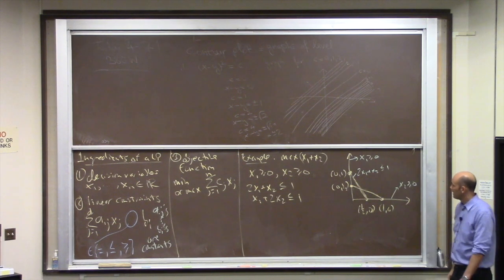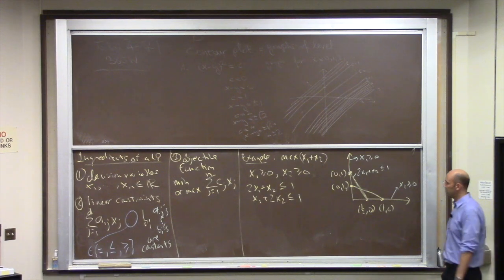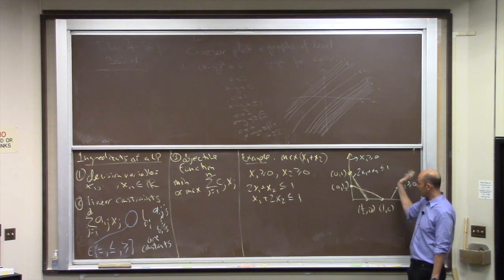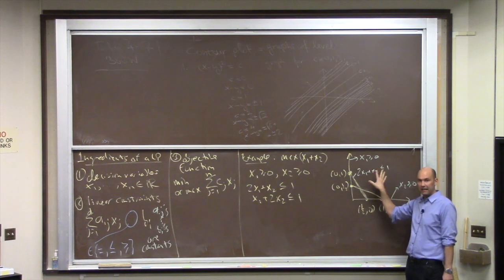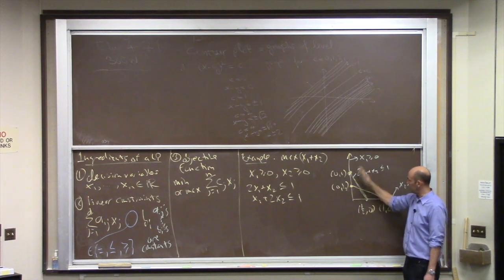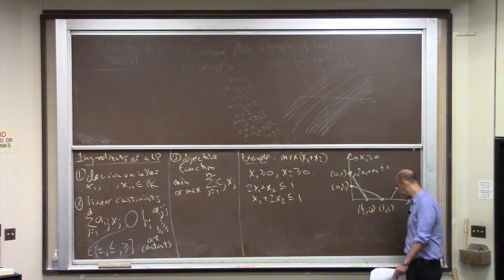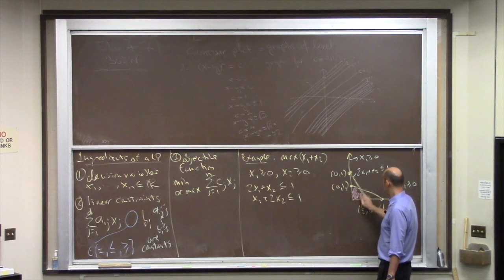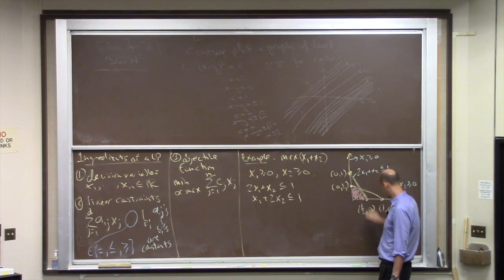Okay. So what's the feasible region? Well, it's the points that satisfy every single one of these inequalities. So it has to be in every single one of the 4 half planes that we mentioned. It has to be above here, to the right of here, below here, and below there. So that's going to be this parallelogram, or this trapezoid.